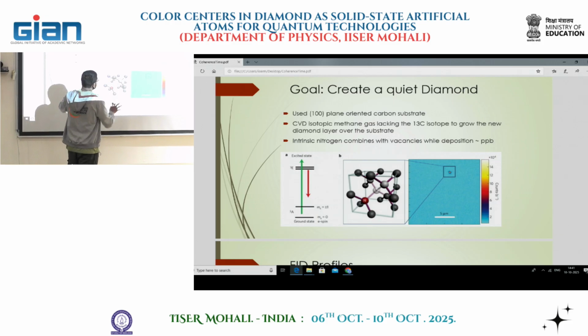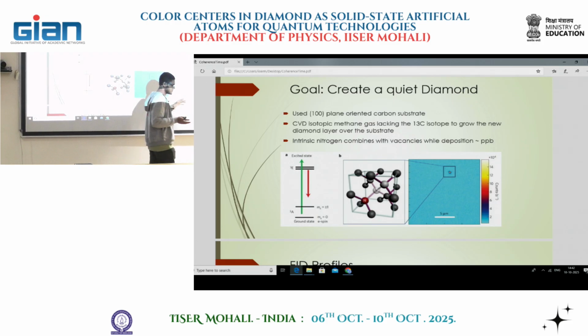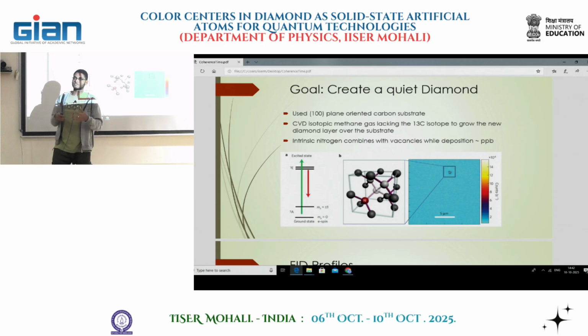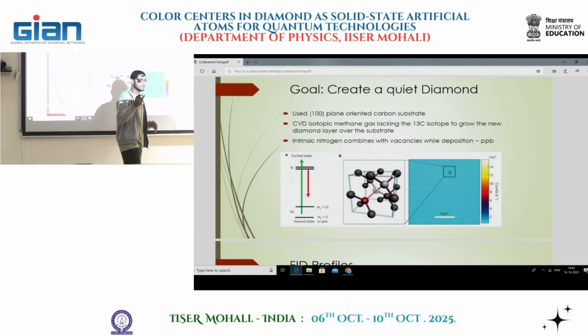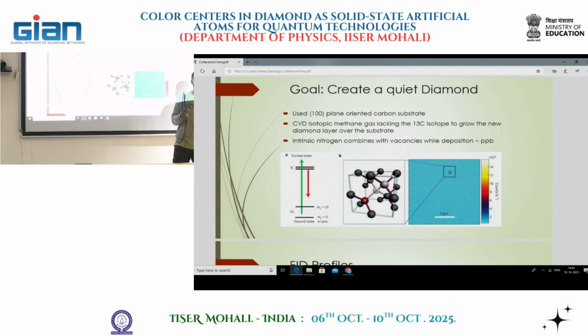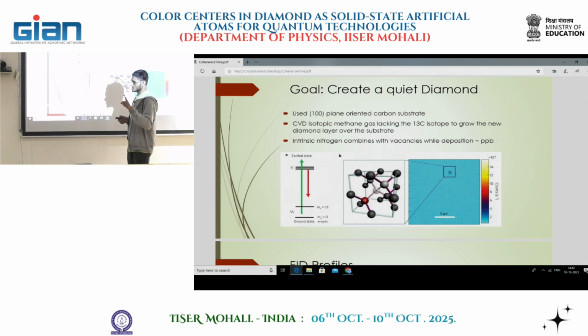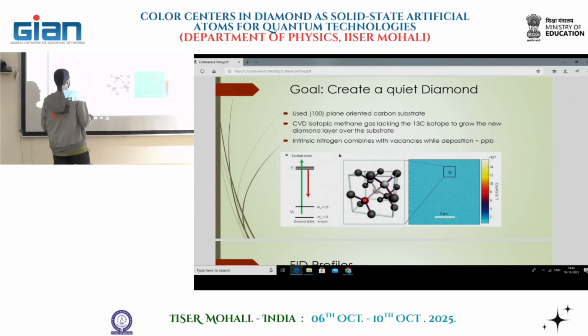So the goal is to create a quiet diamond. Now, what do you mean by a quiet diamond? As we know, when we are forming diamonds, we have NV centers in them, and carbon is found in many of its natural isotopes, so C12, C13. The C13 isotope of the carbon atom has an extra spin, which also contributes to the noise, and it is really high noise when it comes to the measurements.